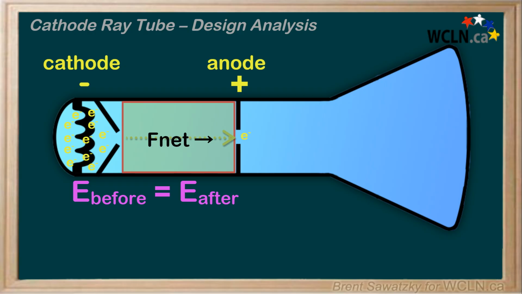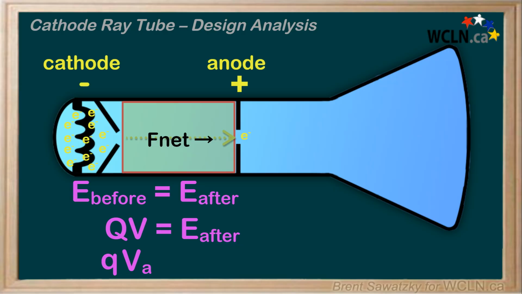So each electron starts with a potential energy of QV, where Q is the charge on the electron, the elemental charge, and V is the voltage difference between the cathode and the anode, or we can call that the accelerating voltage, VA.